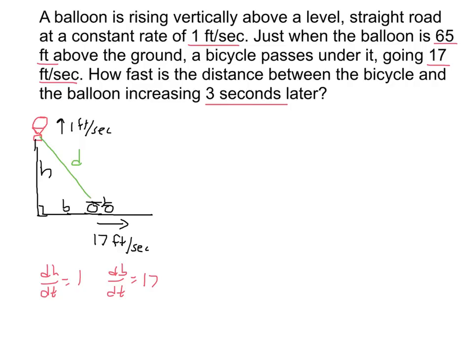So what I know in this case from the diagram is that I see a right triangle there. And so I know that h squared plus b squared is equal to d squared.